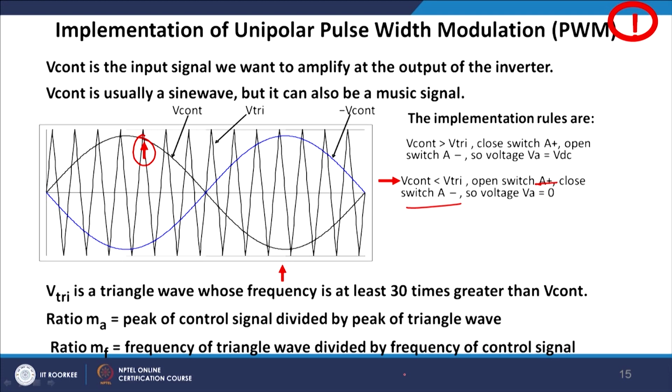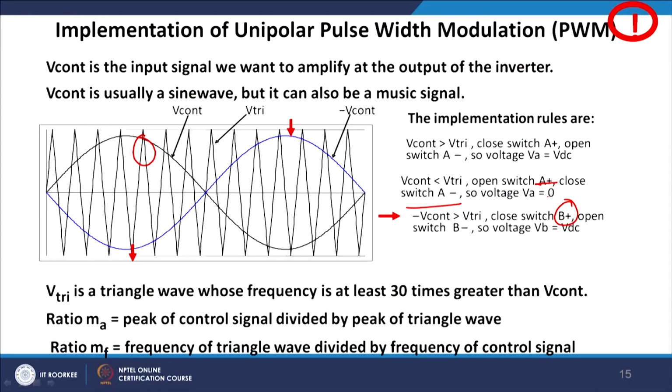Similarly, when minus V control is greater than V tri, it closes the upper switch of phase B and it opens the negative switch of phase B. Thus, you are getting again plus VDC.